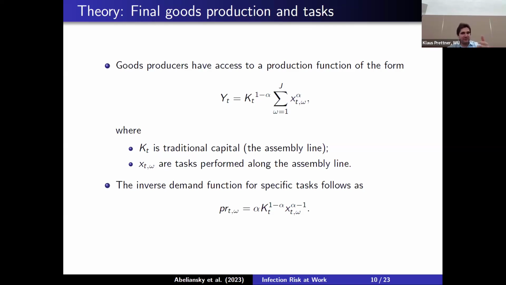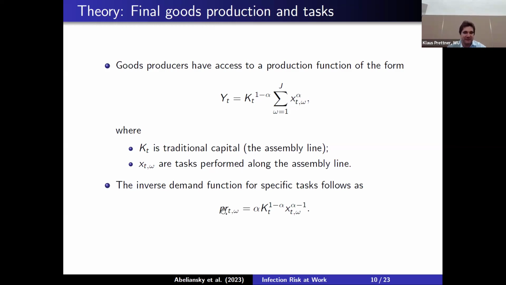And if the price of the final good is normalized to 1, that's also the additional revenue that is generated. The profit maximizing firm would do this exactly if the additional revenue more than offsets the cost. And the cost would be the wage rate if the firm produces with human workers, or the cost of a robot if the firm produces with a robot, right?